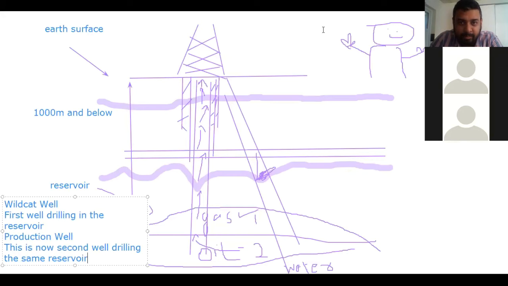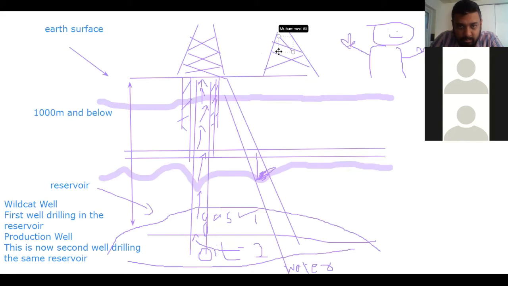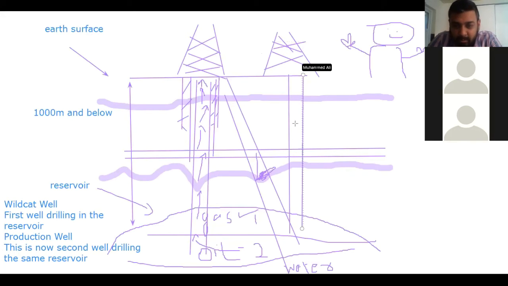Now, if we drill another well here, another well here, this well will be called the production well.